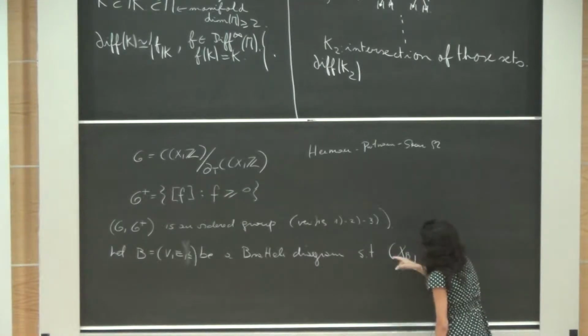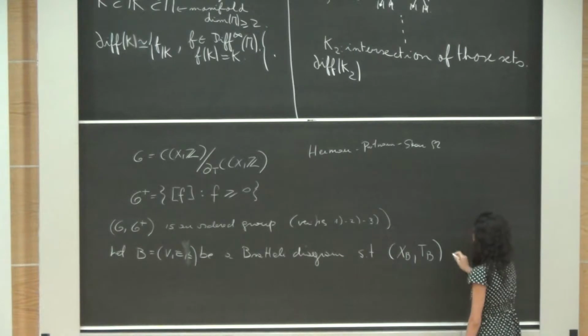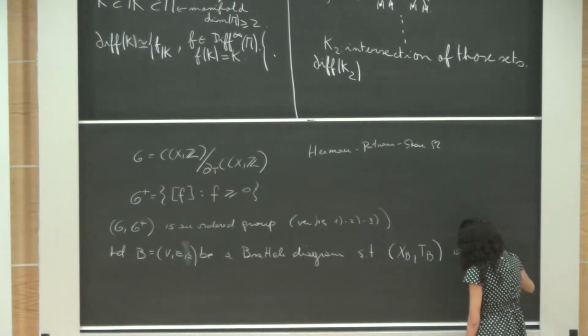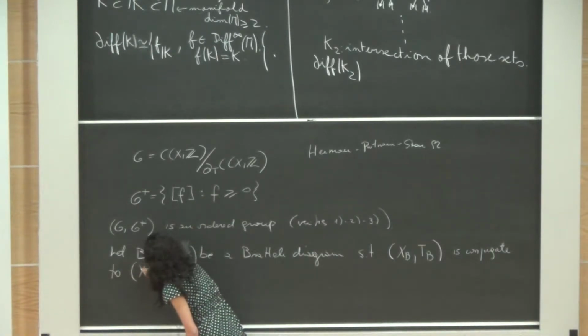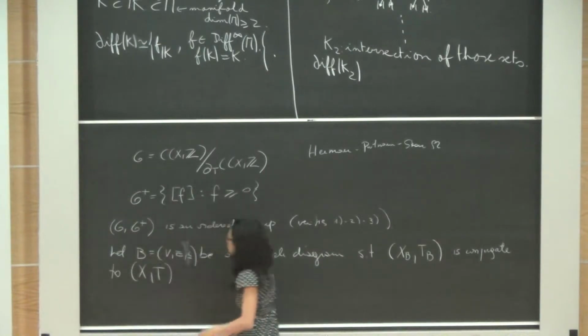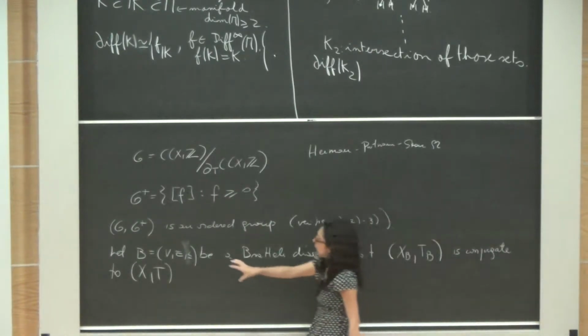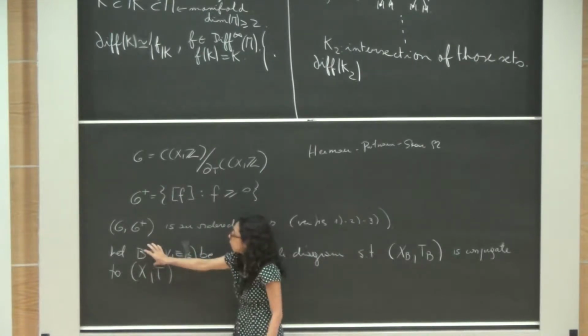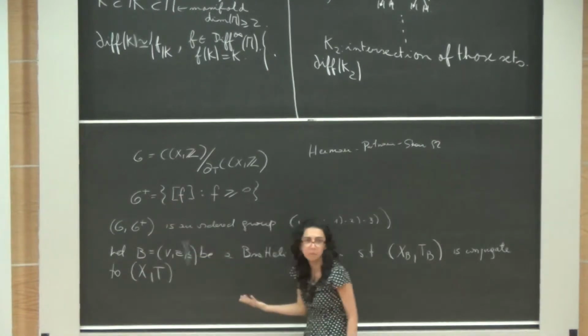So that means that the minimal Cantor system that we read in the Bratteli diagram is conjugate to the minimal Cantor system that we took at the beginning, X, T. What is the relation between the dimension group defined from B with this ordered group that we defined from the system?